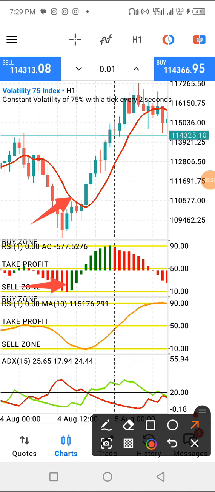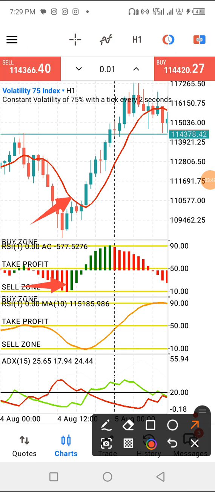Where is price? You notice that price is touching the level 10, which is your buy zone. Sorry, I think there's an error. I'll correct it later. So level 10 is your buy zone. You notice your awesome oscillator will be printing green, that is bullish candle.